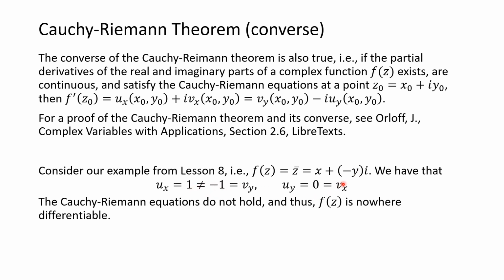We could stop here, but just for completeness, when you take the partial of u with respect to y and the partial of v with respect to x, you get 0 in each case. And since this doesn't hold, we can conclude from the Cauchy Riemann theorem that f of z is nowhere differentiable.